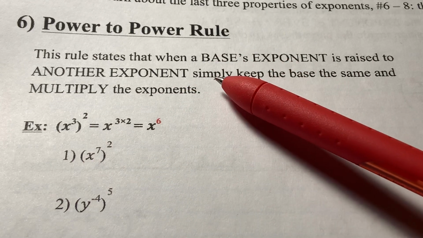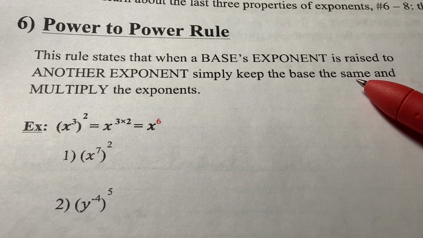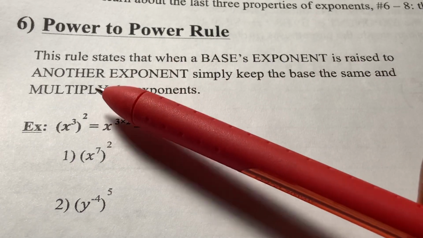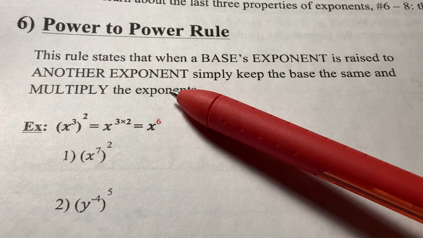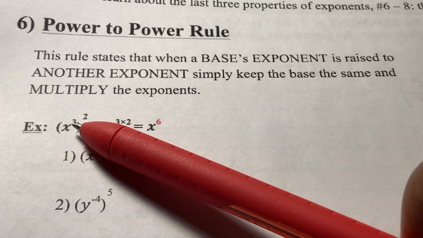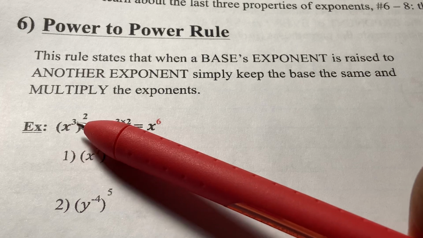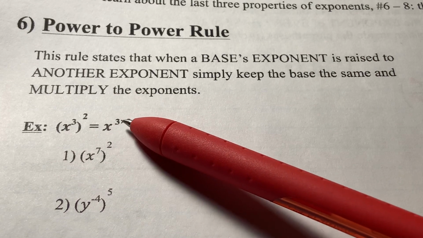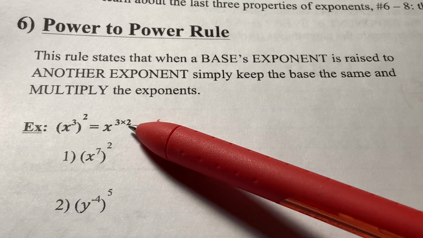What do we do? We simply keep the base the same as we always do and multiply the exponents. For example, as you can see here, x to the third power, in parentheses, raised to the second power, equals x to the 3 times 2.